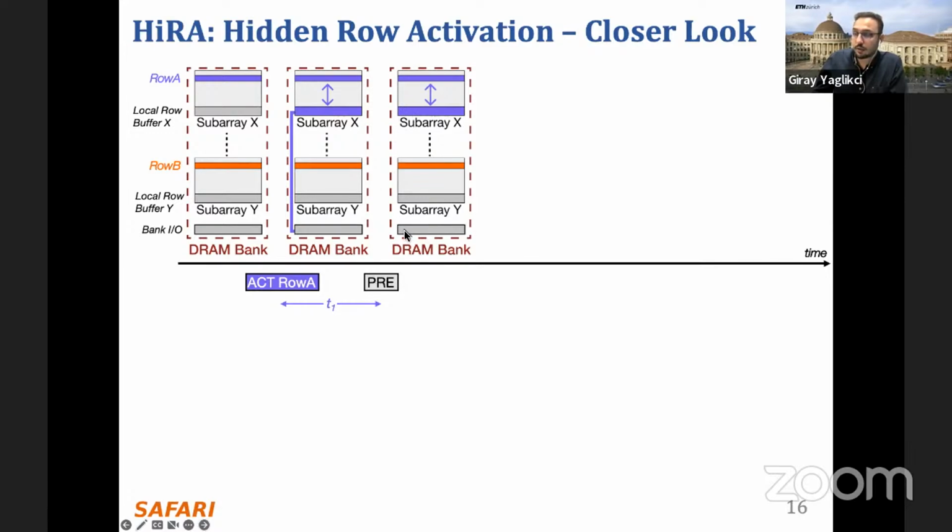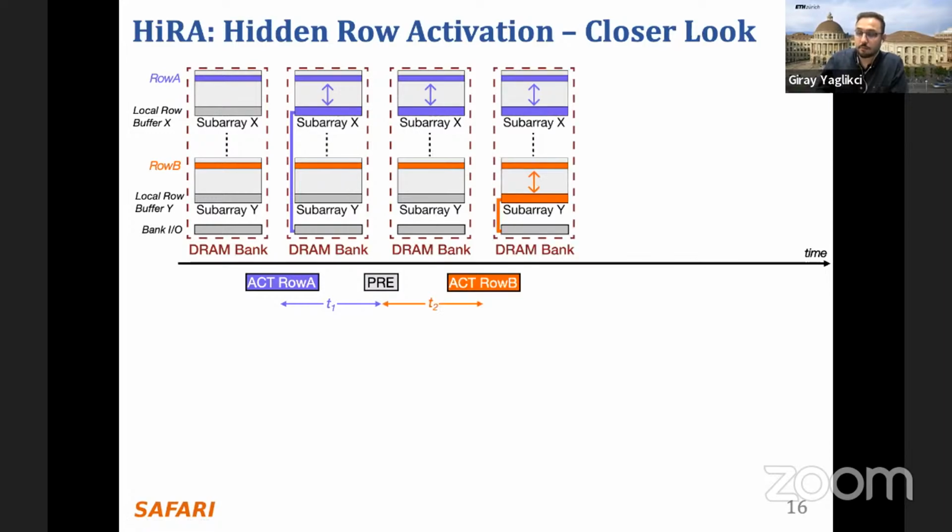So when we interrupt this, our hypothesis is that row A stays connected to the local row buffer in subarray X, but this local row buffer is not connected to the bank I/O.